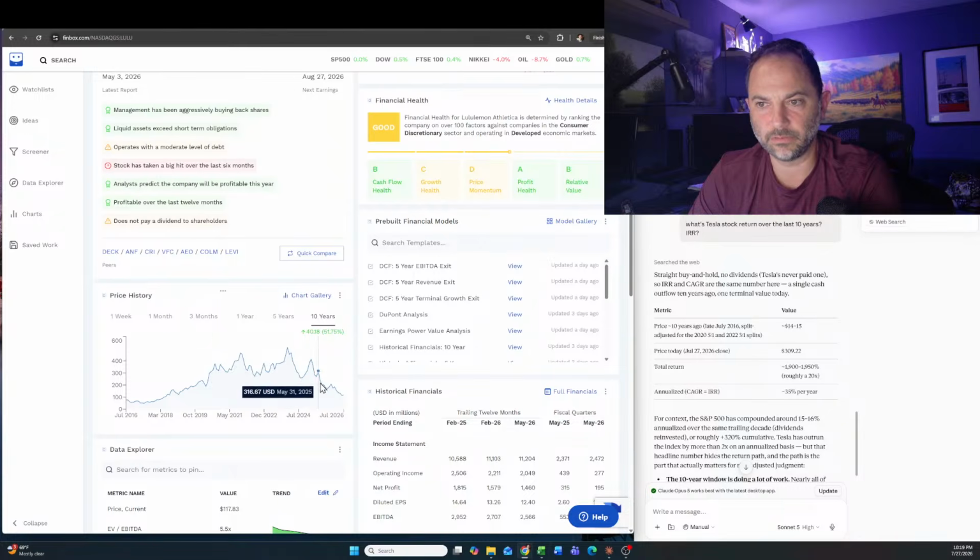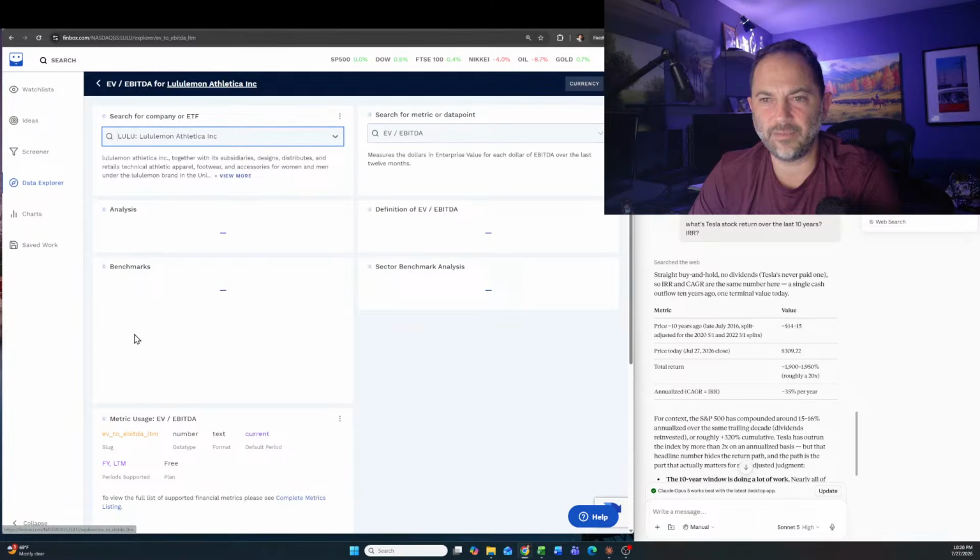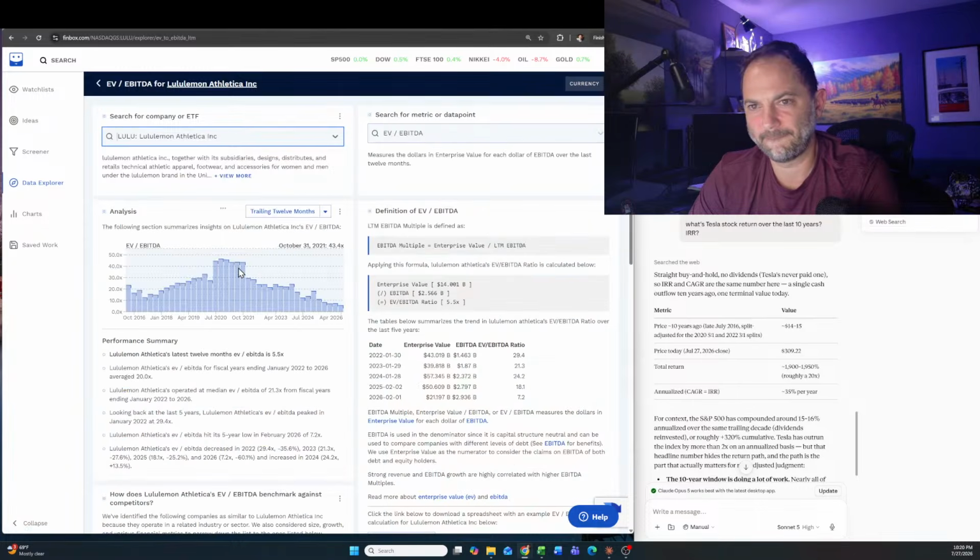Look at that downturn. Oof. Enterprise EV 5x. Look at this multiple collapse from 40x earnings down to 5.5. You want to talk about market multiple compression. Even if earnings don't move, that multiple compression on its own is cratering the stock price.